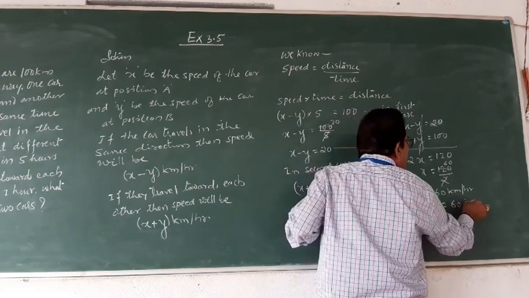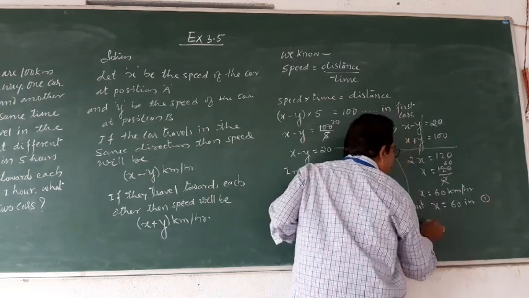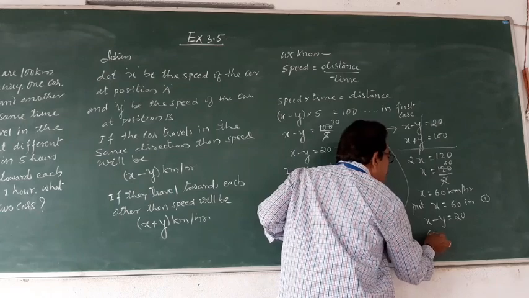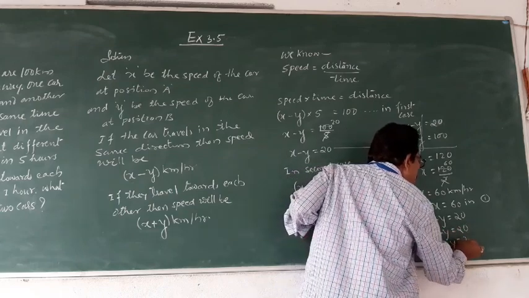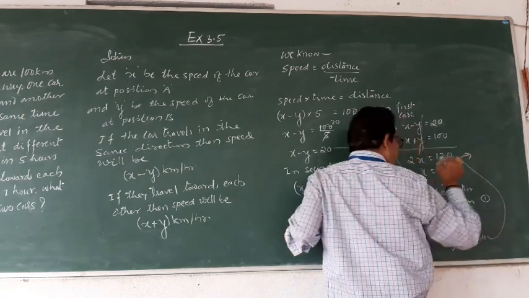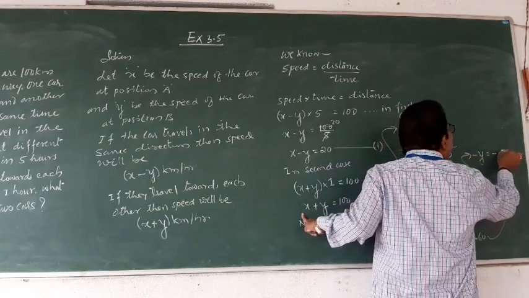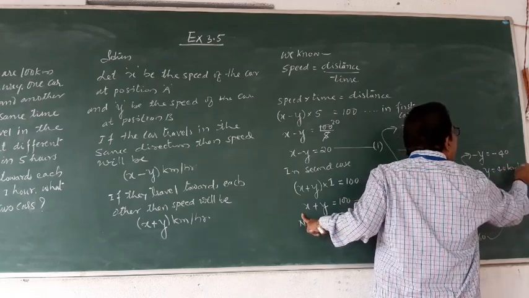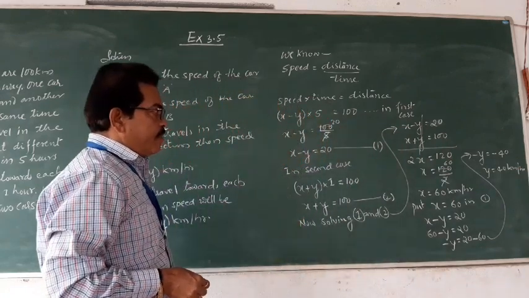Put x equals 60 in 1. Therefore, minus y equals minus 40. Y equals 40 kilometer per hour.